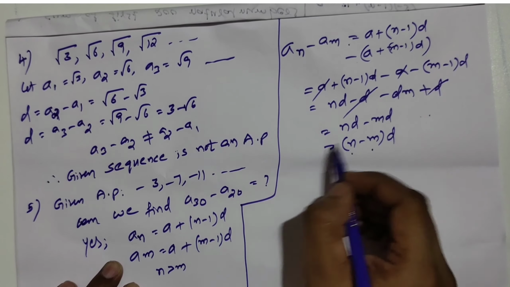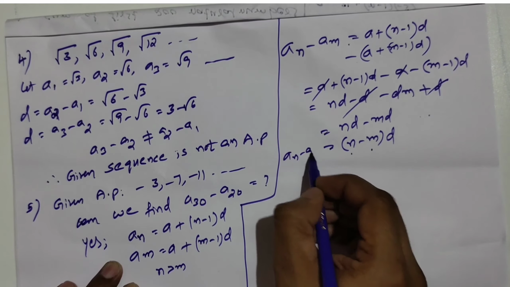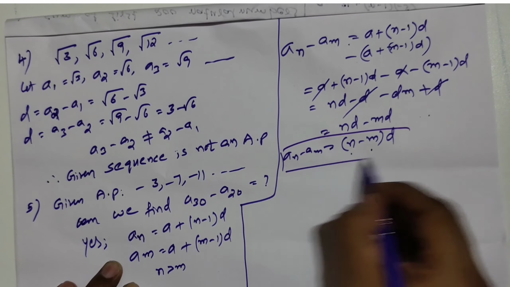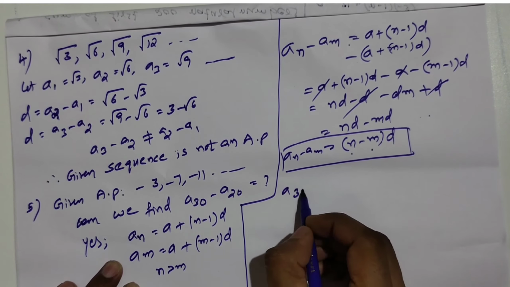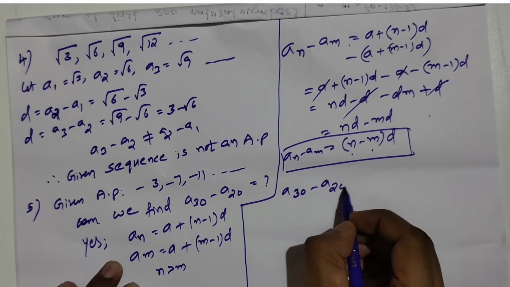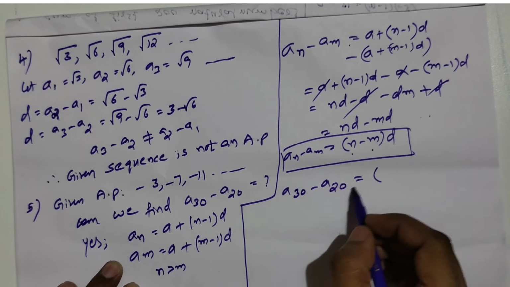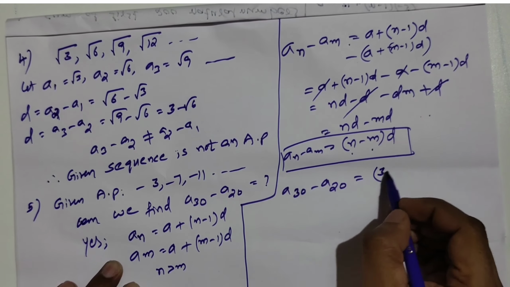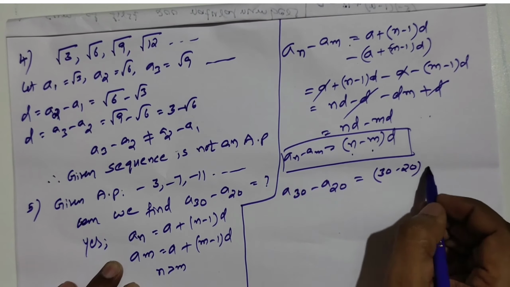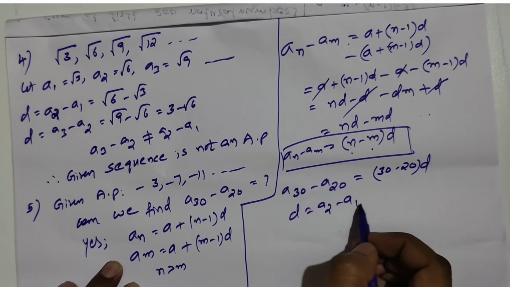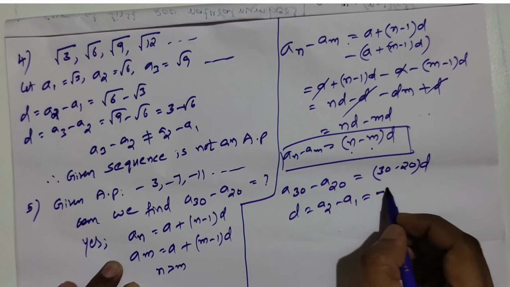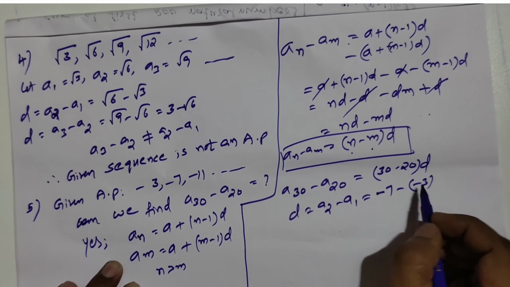So by this formula we can easily find directly A30 minus A20. A30 minus A20 is simply 30 minus 20 into D. Here D value is A2 minus A1, that is minus 7 minus of minus 3.